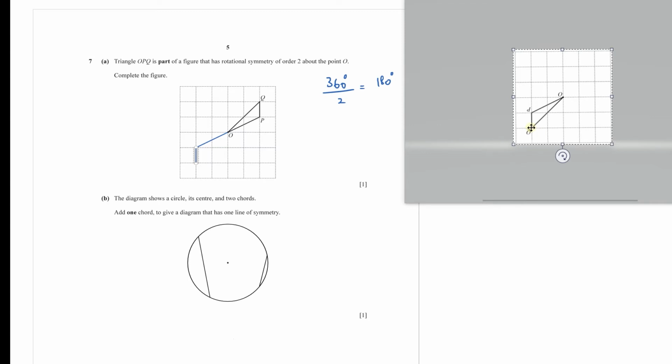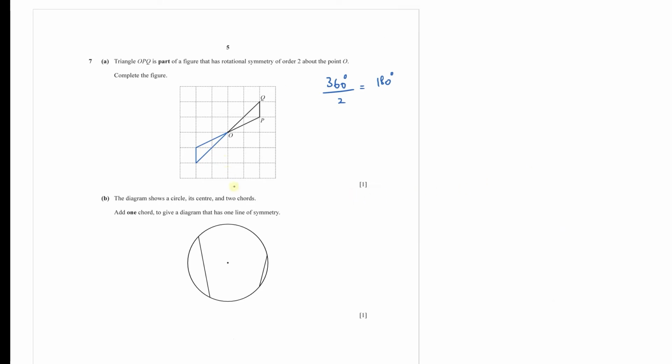And then here you join it back to the point O, like this. So what you have done here is basically drawn the same shape, but after 180 degrees rotation, because your symmetry is of order 2. So this shape will repeat itself after every 180 degrees. So after 180 degree rotation, it looked like this, and you basically just draw this on the original diagram.